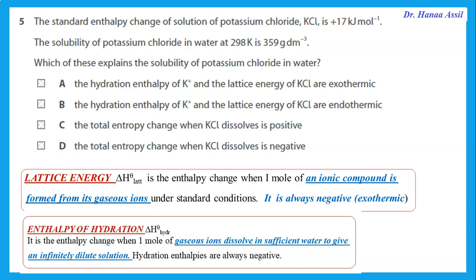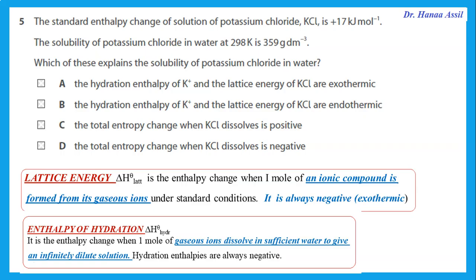Also, enthalpy of hydration is the enthalpy change when 1 mole of gaseous ions dissolves in sufficient water to give infinite dilution. Please know all of these definitions. You're required to know these definitions. And you should know that hydration enthalpies for any ionic compound are always exothermic, or always negative.